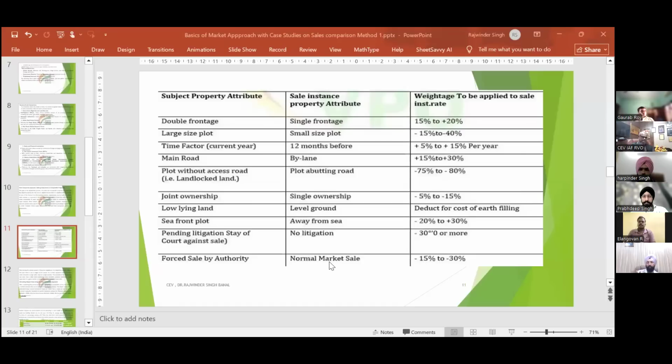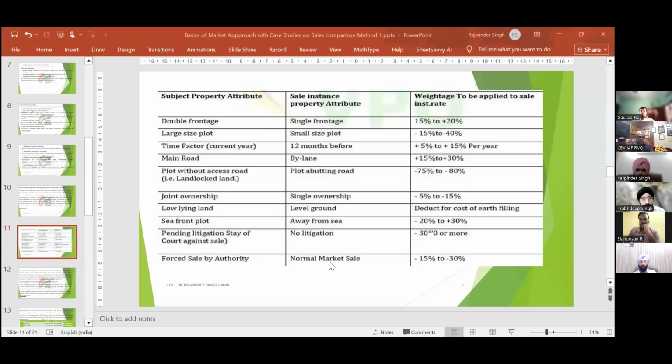So these are certain thumb rules. They are not applicable in every case, but they indicate how much weightage is to be applied. Positive or negative is a different issue. How much percentage weightage may be applied is not given in any rule book.